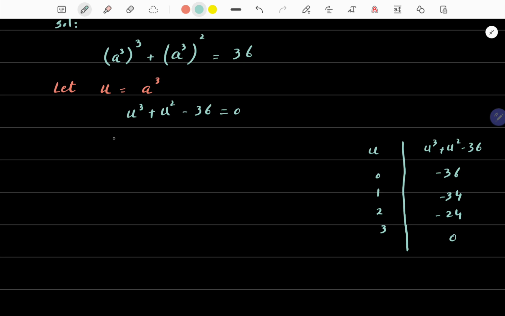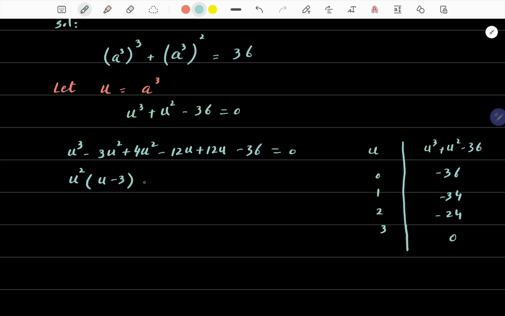In u, we can write it as u cube minus 3u square plus 4u square. u square can be written as 3u square plus 4u square, and there is no u, so I have written minus 12u plus 12u and minus 36, that is equal to 0. Taking u square common from the first two terms, we will get u minus 3.